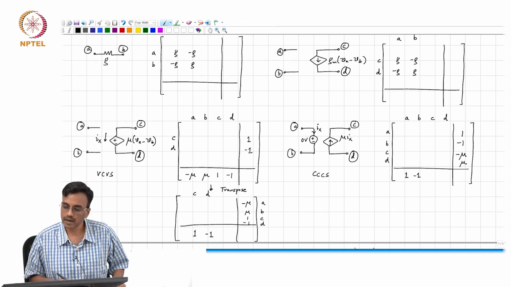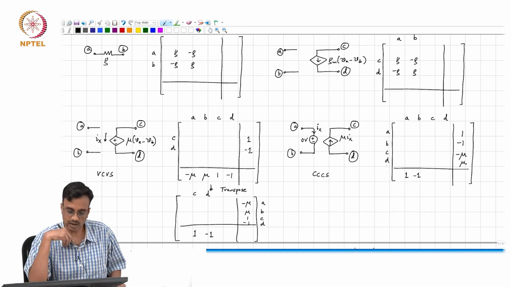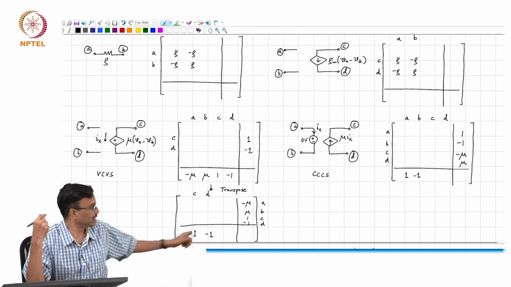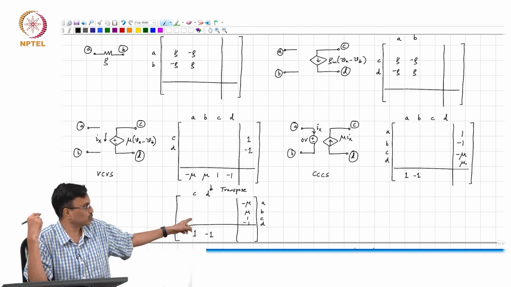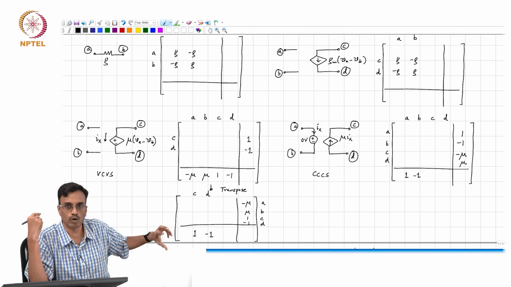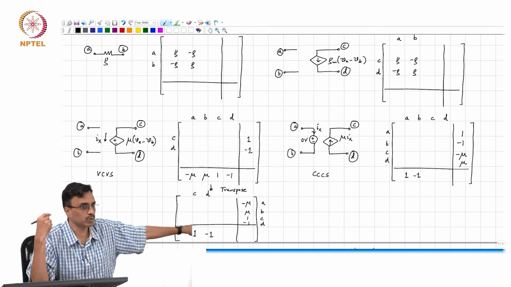Okay, all right. So, that looks suspiciously similar to this, but there is a small twist. What is that twist? Is this the same as that? It is not. So, if you take the transpose of the MNA stamp of the voltage controlled voltage source, you get something which seems like a current controlled current source, but it is not.